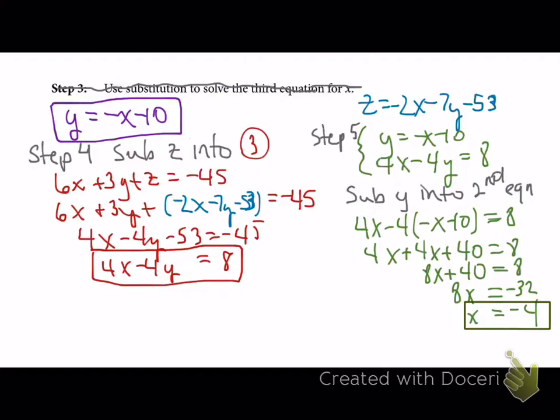Okay, so now I've got my y equal to my negative x, which was negative 4, minus my 10. So minus my negative 4 is what? Positive. So your y equals negative 6.